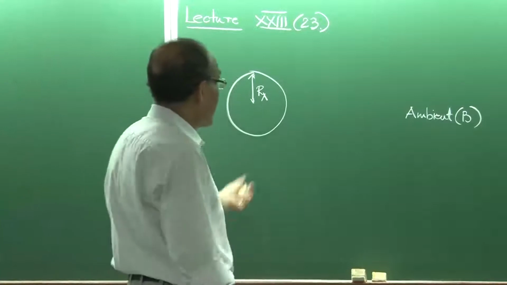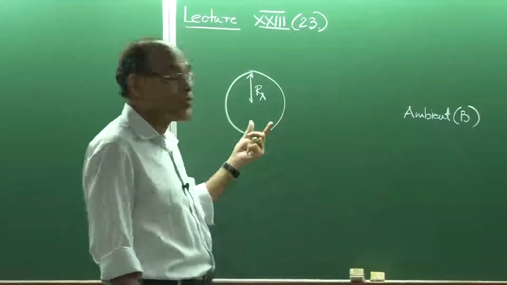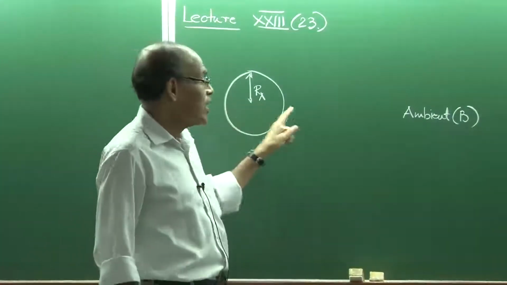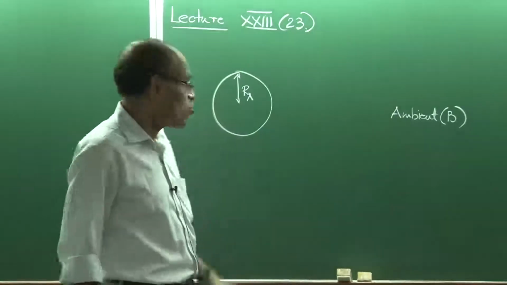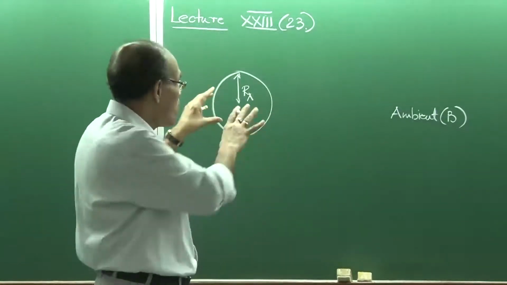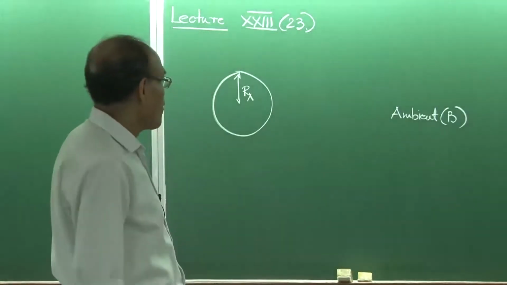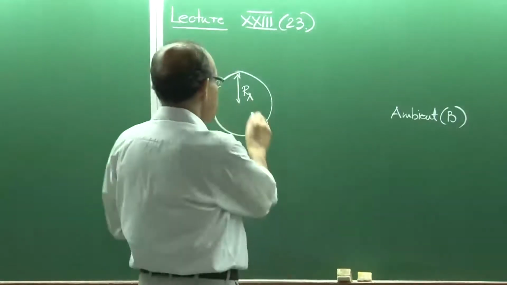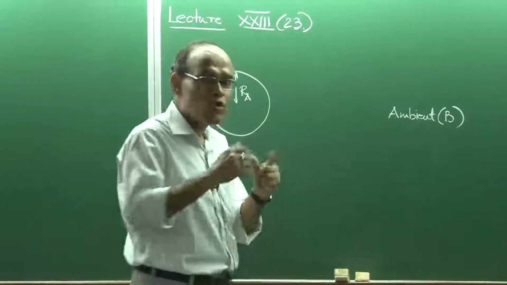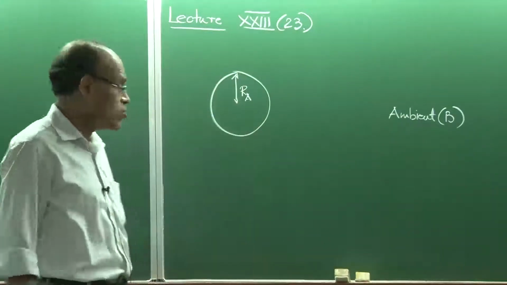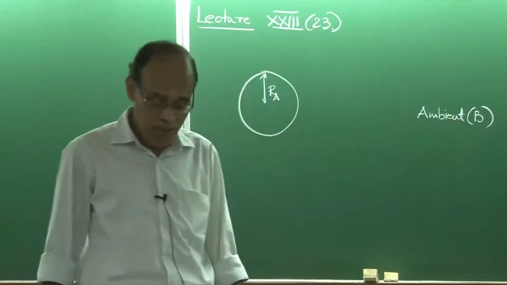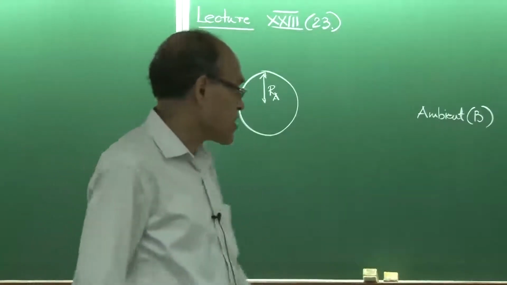Another simplification which renders the process purely diffusion is that A is sparingly soluble, so the rate of mass transfer from the sphere to the ambient is extremely small. The mass fraction of A in the medium is approximately 0, and that renders the case pure diffusion, as I indicated yesterday.